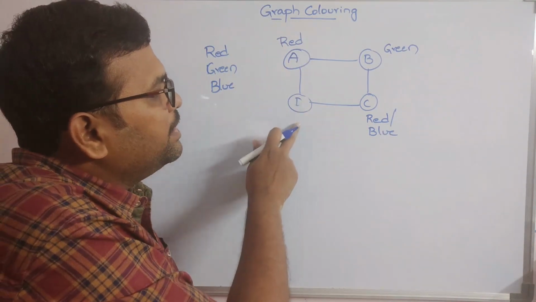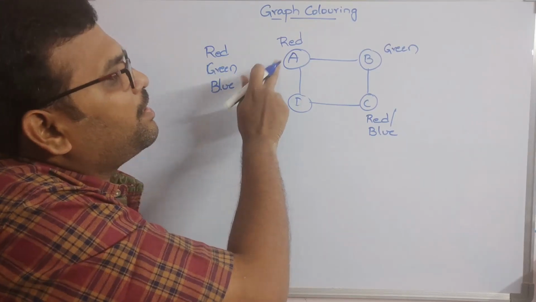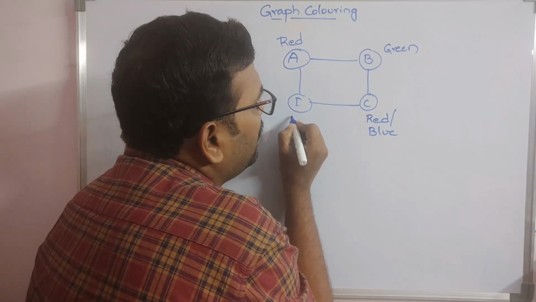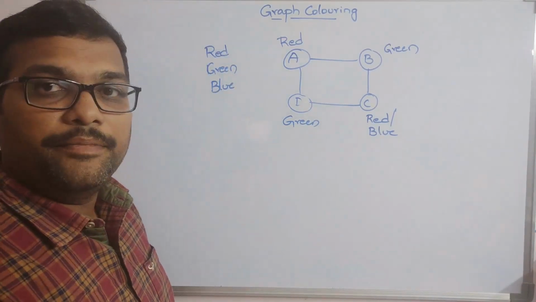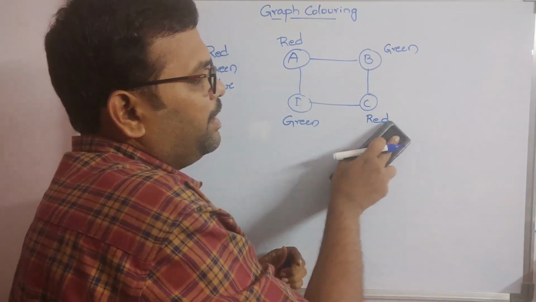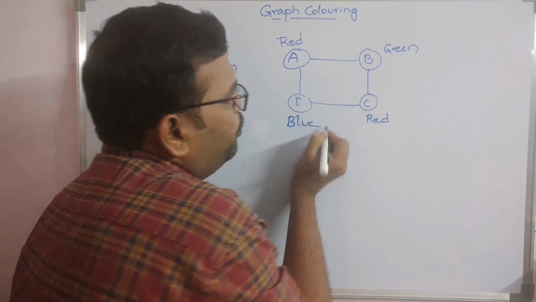And here, D should not be colored with red because the adjacent region is filled with red. So it can be colored with green. For example, let us take C as red, okay? And here we can fill with blue, right?